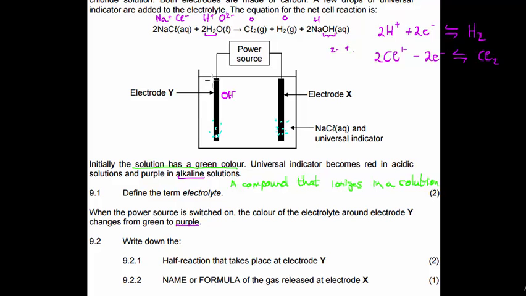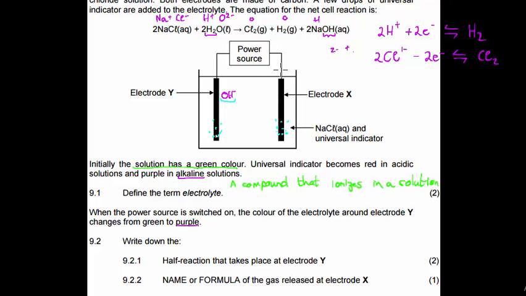Now what that tells us, if there's a change in color to purple, is that here we have hydroxide ions gathered around. Now hydroxide has a negative charge. That means the negative charge would be attracted to a positively charged electrode. Does that make sense? So this is a positively charged electrode, which means this is a negatively charged electrode.